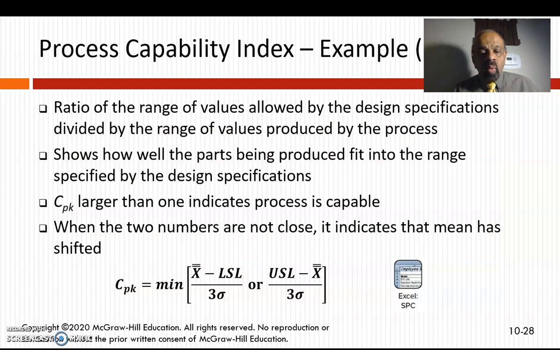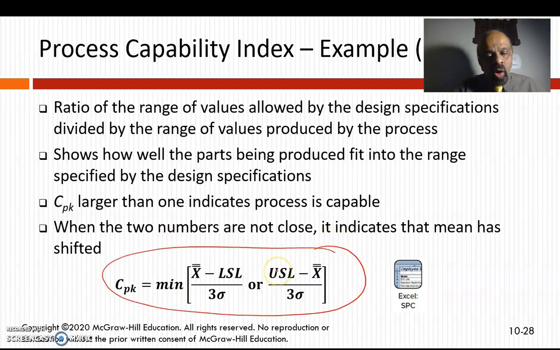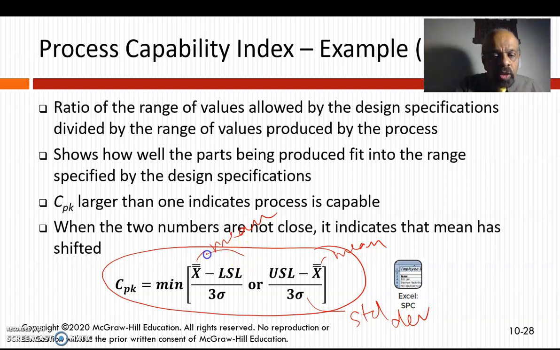So what I'm going to do is give you this example later on, but we're going to use this equation. If x bar is the mean and sigma is the standard deviation, I'm going to calculate x bar minus the lower specification limit and the upper specification limit minus x bar, and divide each one of them by 3 sigma.